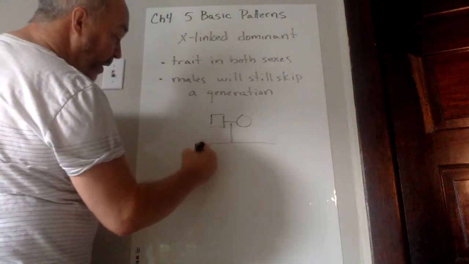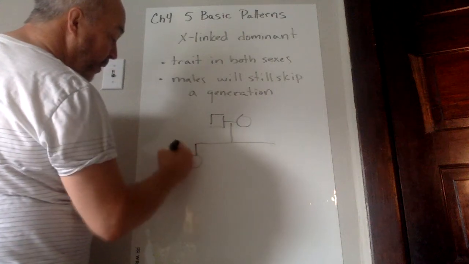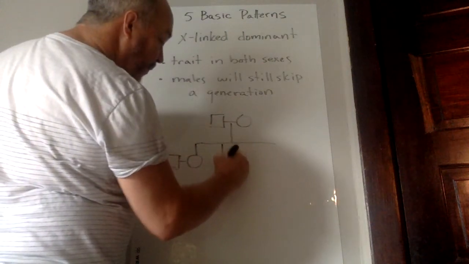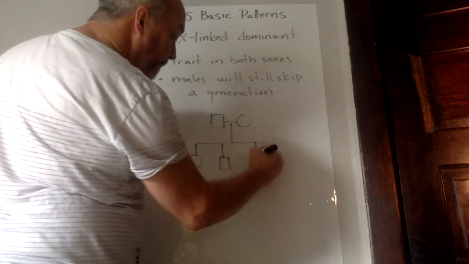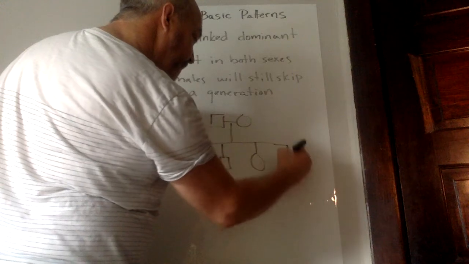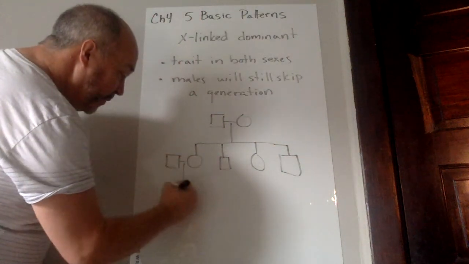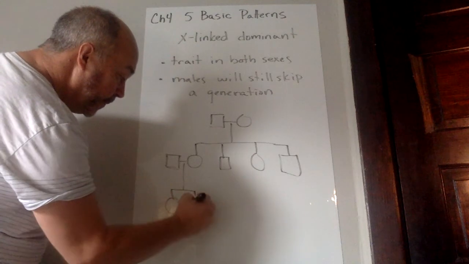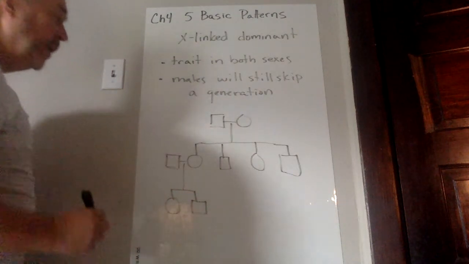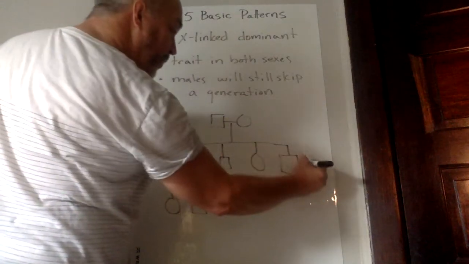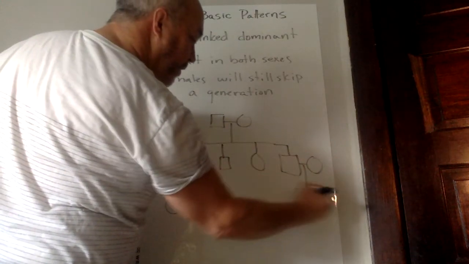Let's throw in a few kids. This will also throw in some other individuals. Say this couple also had some kids. So in this particular one, let's also give some kids over here. It just makes it more interesting.